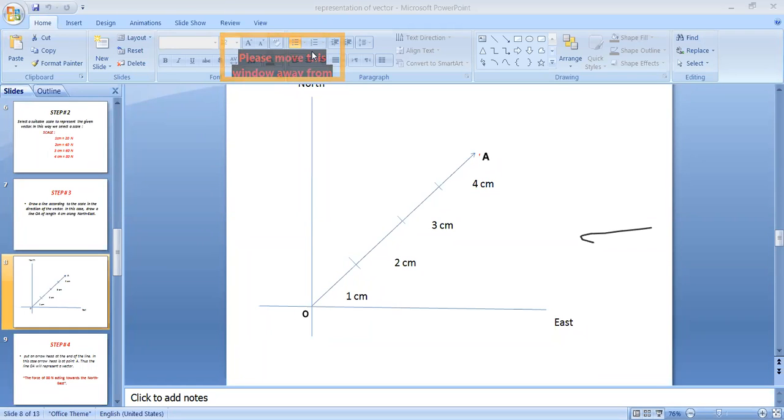Okay, Aisha Hassan, unmute yourself. Is it clear? Have you made the directions? Mark 4 centimeter. Have you marked? Aisha Hassan, have you marked?